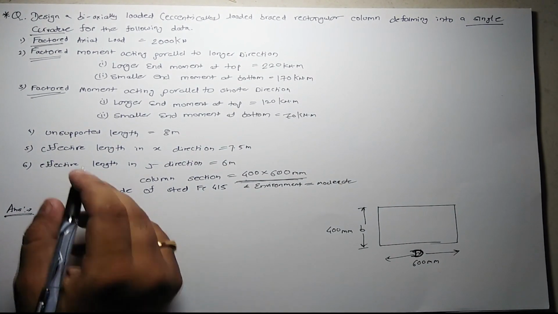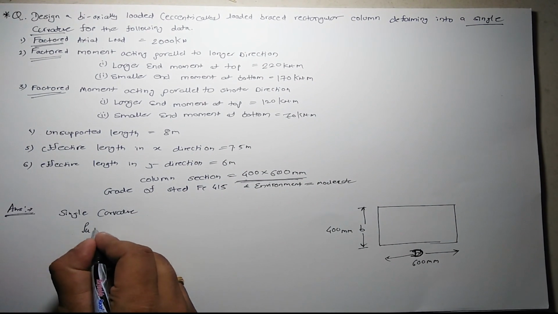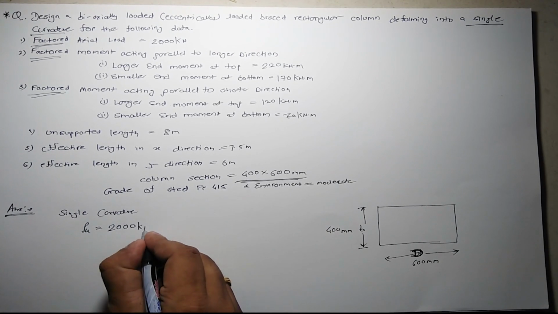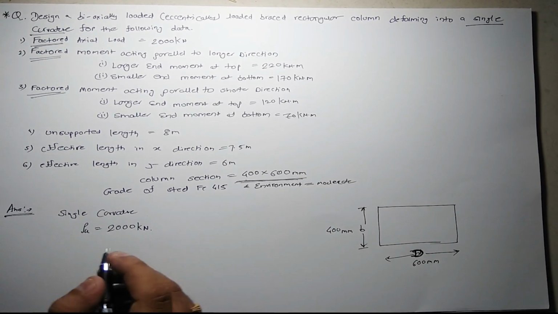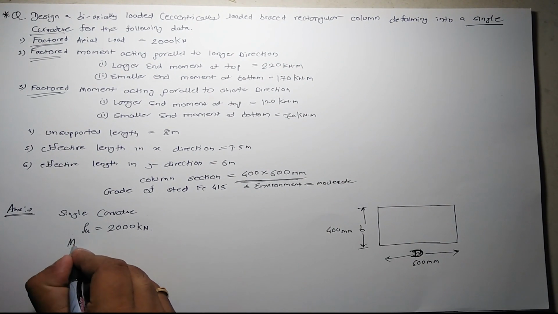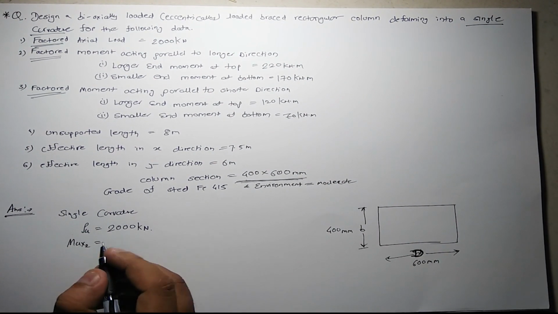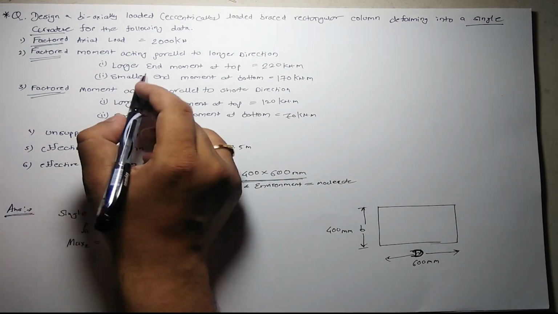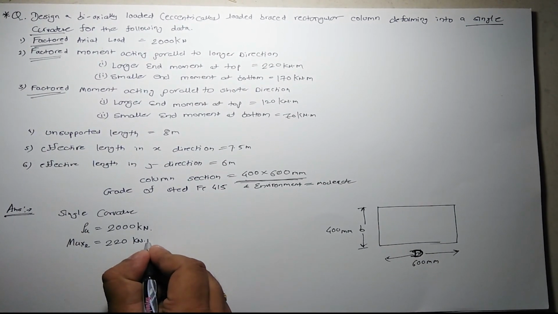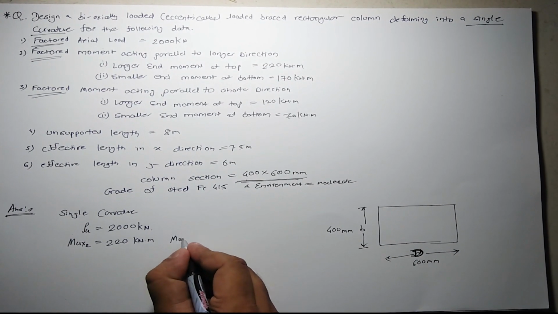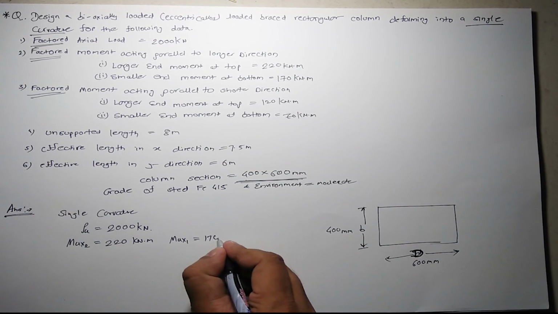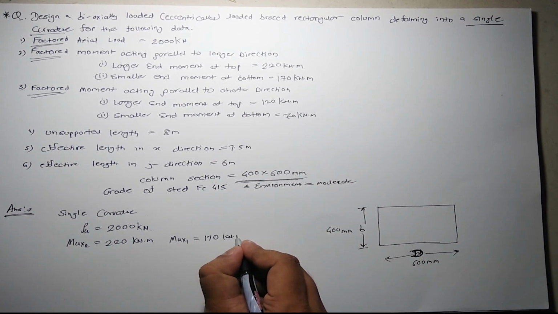Now the factored load is given, which is 2000. I am writing the given data. Then MUX2, the larger end moment at top, is 220 kilonewton meter, and MUX1 is 170 kilonewton meter.